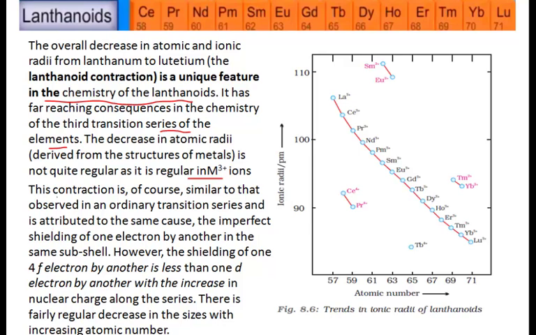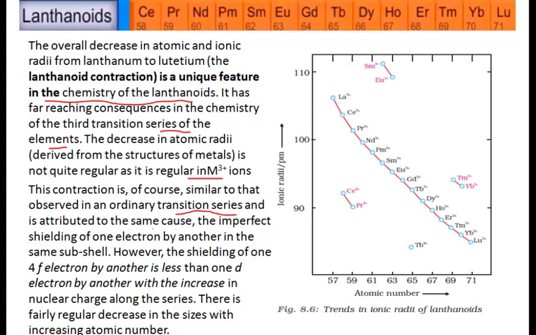This contraction is of course similar to that observed in an ordinary transition series. We have also discussed the same in the transition series, where d orbitals are filled gradually, and they also show poor shielding effect, but the change is not as much as it is in the case of lanthanoids.